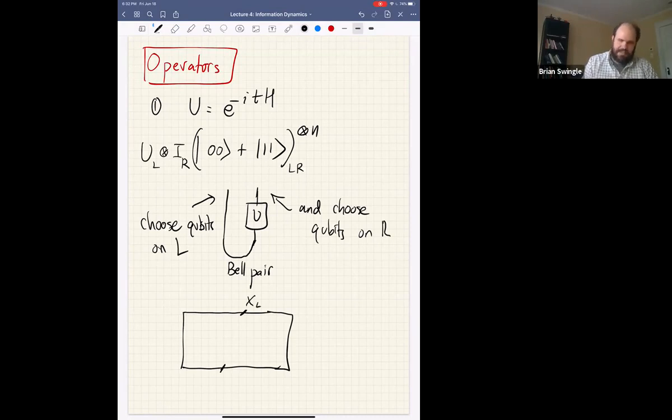I guess I transposed it here, sorry about that, but hopefully it's not too confusing. So we consider a bunch of qubits on the left from, say, the boundary up to position x left, and we consider a bunch of qubits on the right from the boundary up to the position x right. So our region now has degrees of freedom on both sides, on the left and the right. Which again, from this picture is like having degrees of freedom in the future and in the past. So hopefully the analogy is clear.